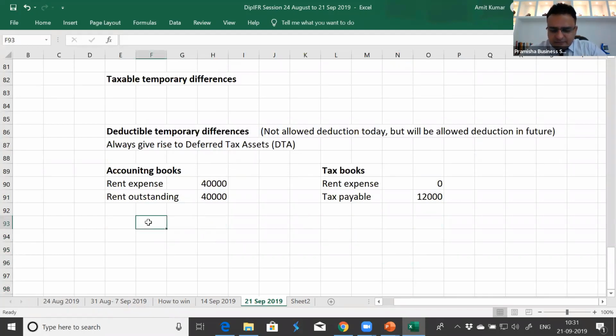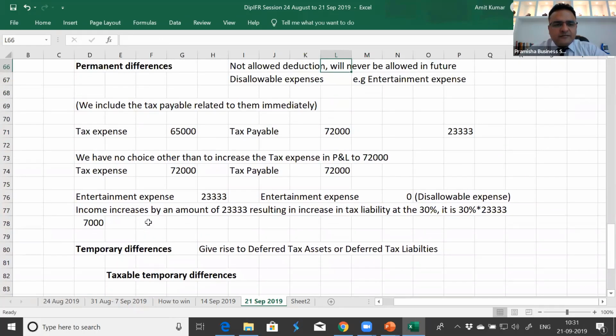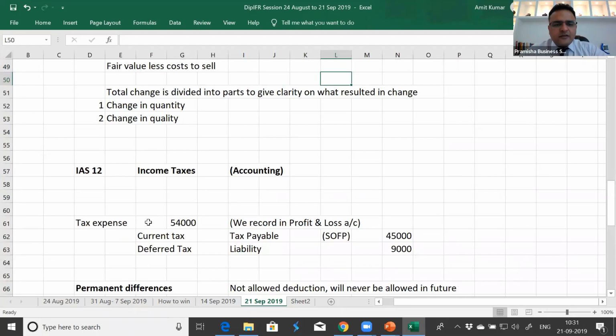So in our tax expenses, according to us, there was no tax expense, zero. So the entire amount will go into deferred tax asset, and tax expense of 12,000, but we'll record a deferred tax asset at the same time. Because your tax expense is of two parts: your current tax and your deferred tax. Current tax is what you're liable to pay.